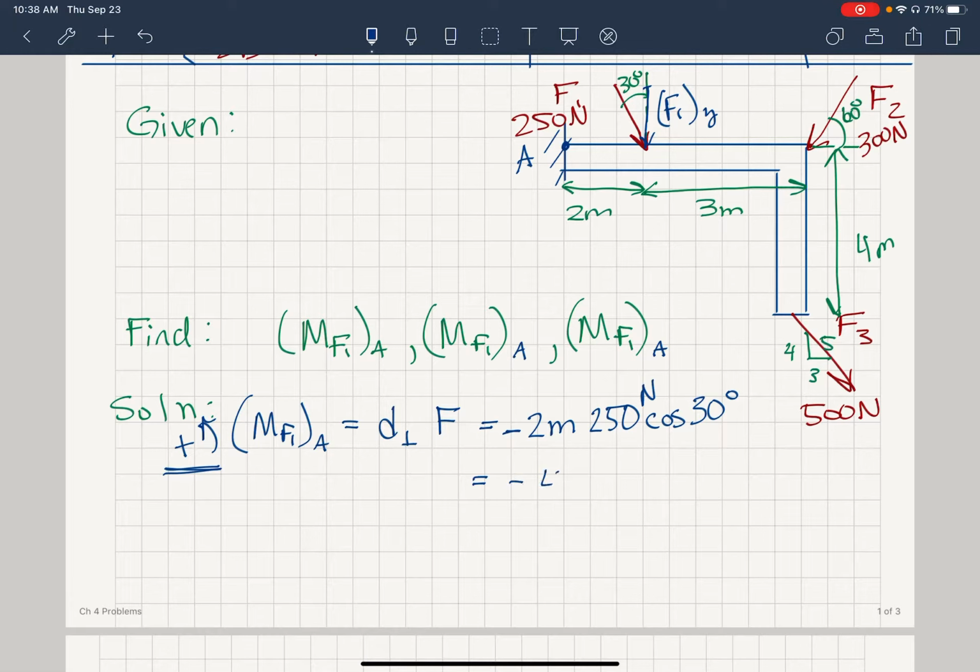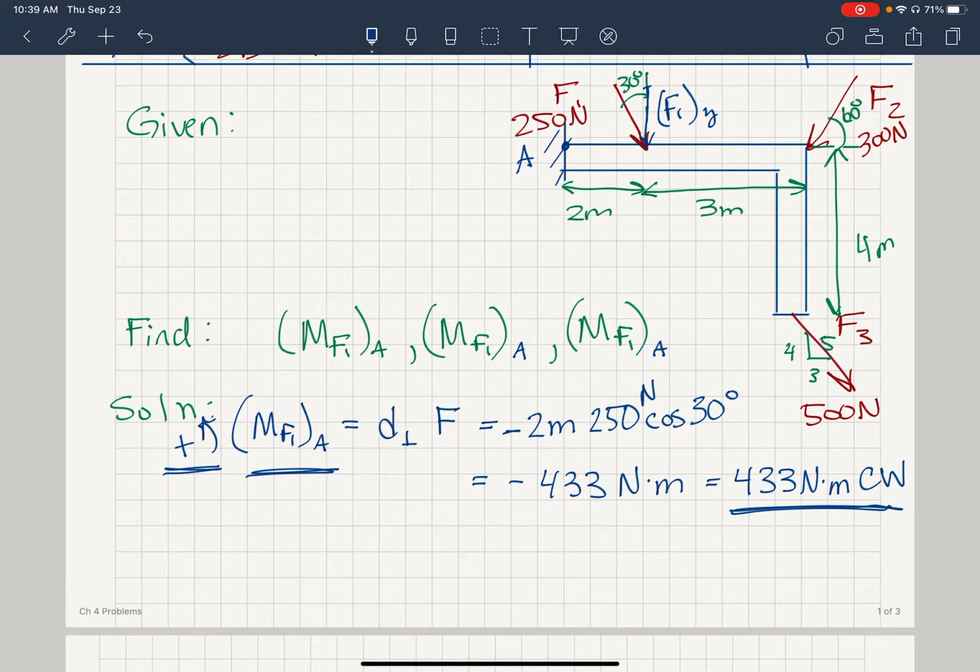So negative 433 Newton meters. So that means the moment is 433 Newton meters, and it's negative, so it's going into the board, which would mean that it's clockwise. So we could write it like that. So that was for F1.